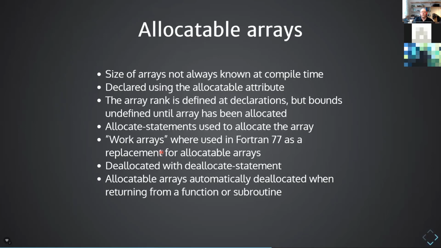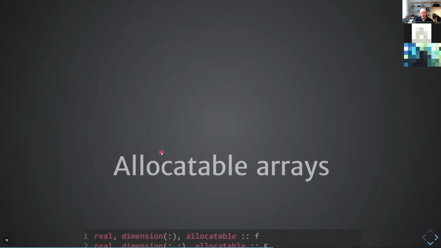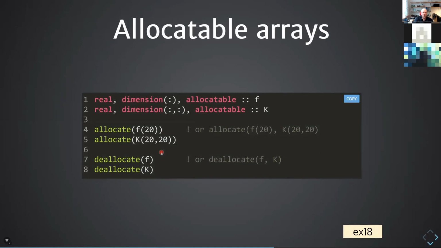So you declare the dimensions of your arrays using the colon, or colon, comma, colon notation, and then you use a special allocate statement to allocate the size of that array. This is the way it works. You add this allocatable attribute here.